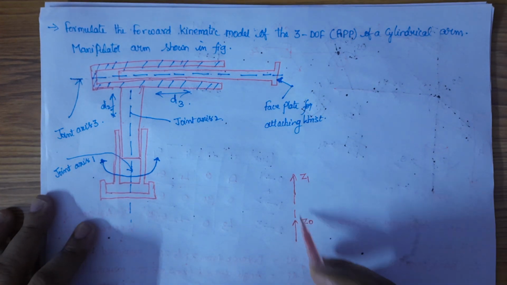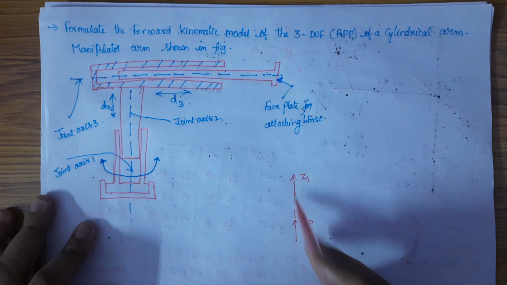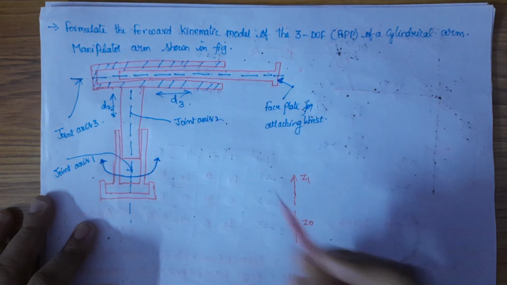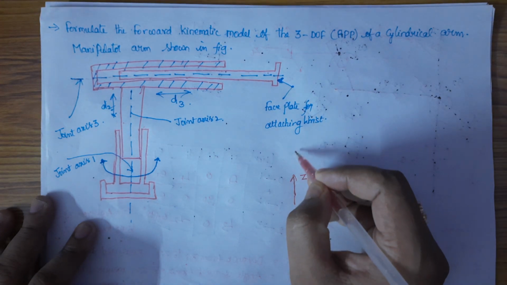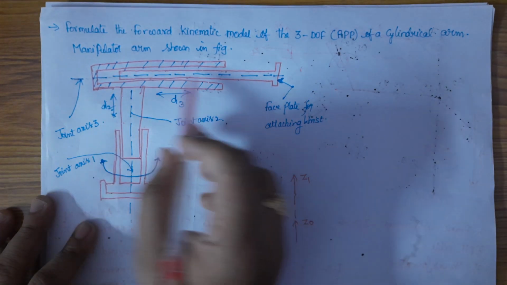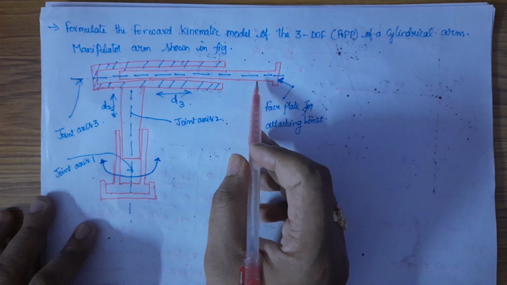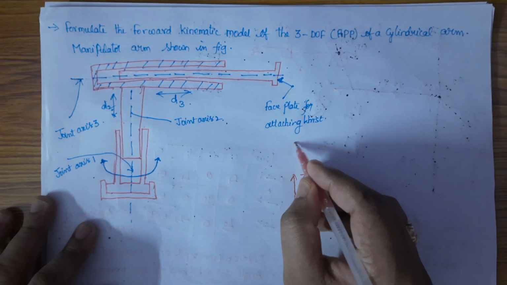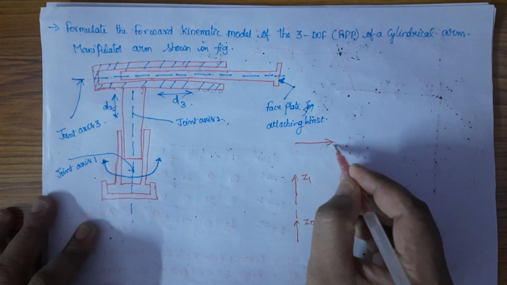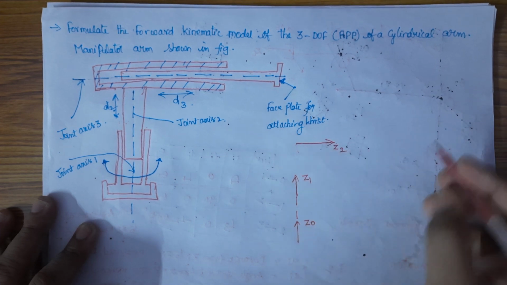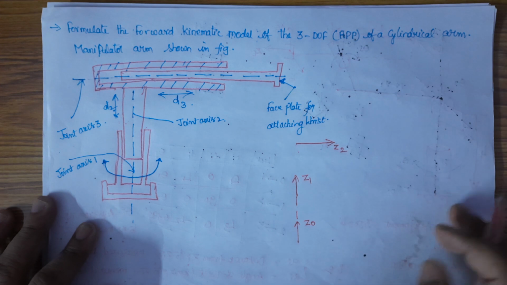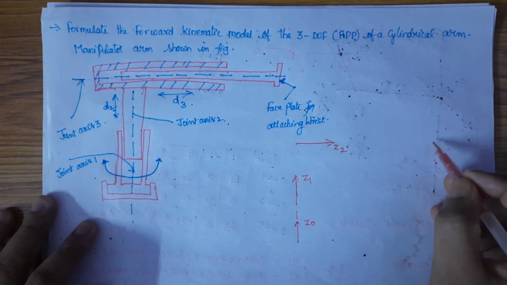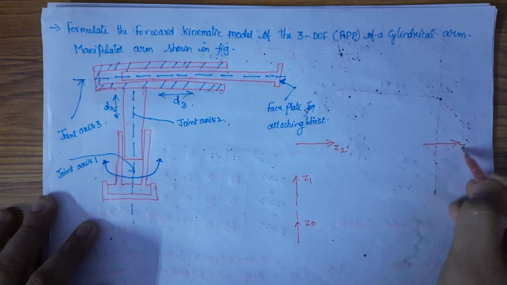Later Z1 will be in the prismatic portion, moving like this, so we'll be pointing it in the upward direction. Since the next joint is moving in this direction, we have to assign the z-axis like this. The last one will be attaching the frame to the tool position, like this.